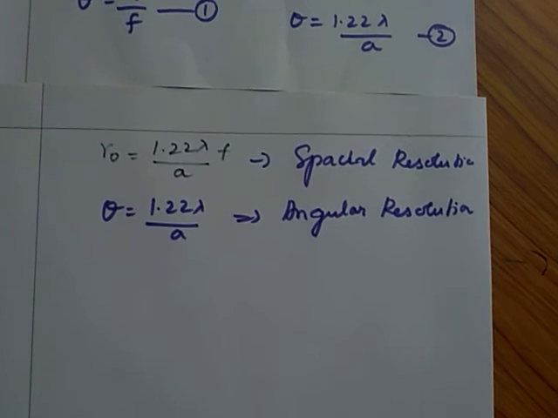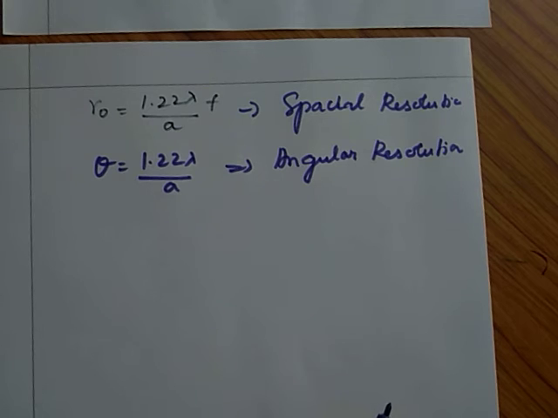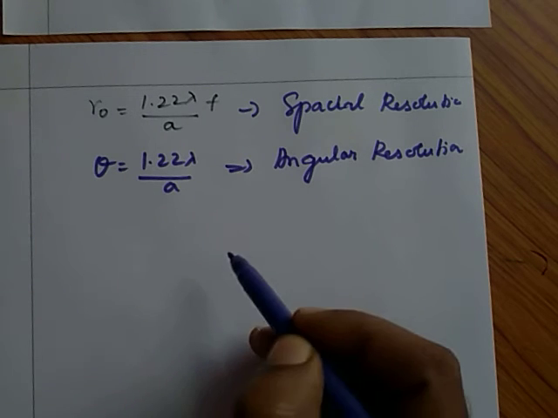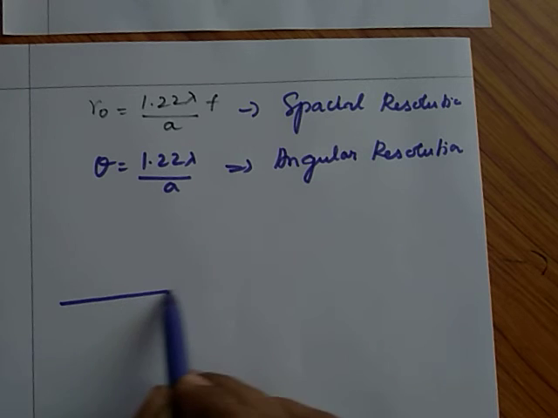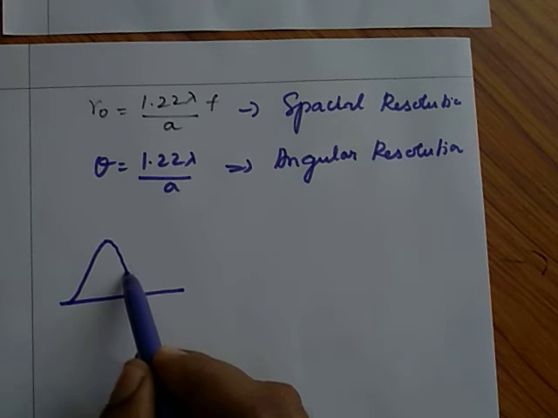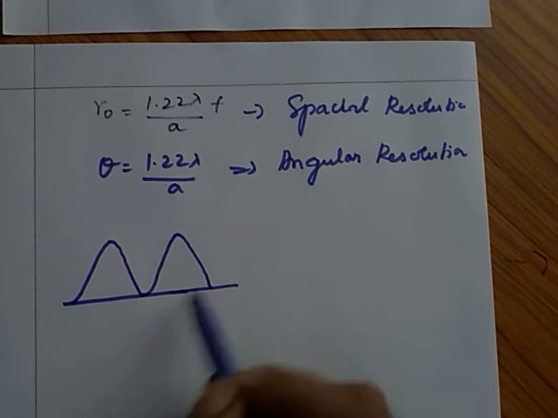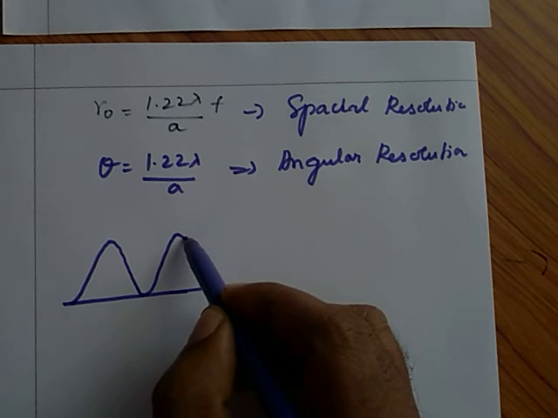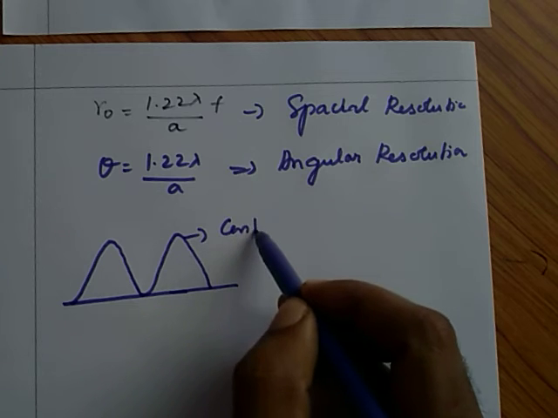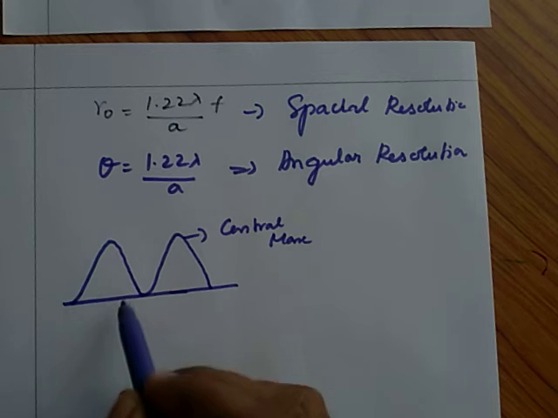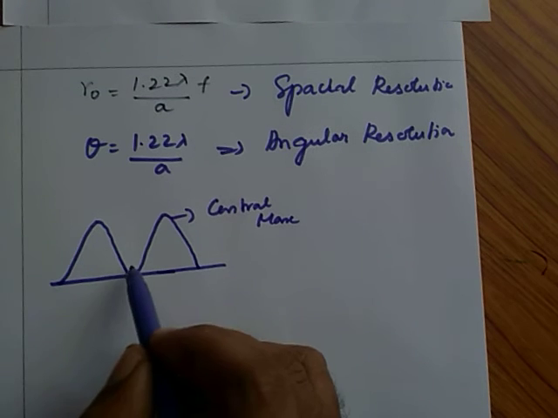Suppose I consider two images producing a diffraction pattern. Here is the first image, here is the second image of the diffraction pattern. These two are the central maxima of both the images.